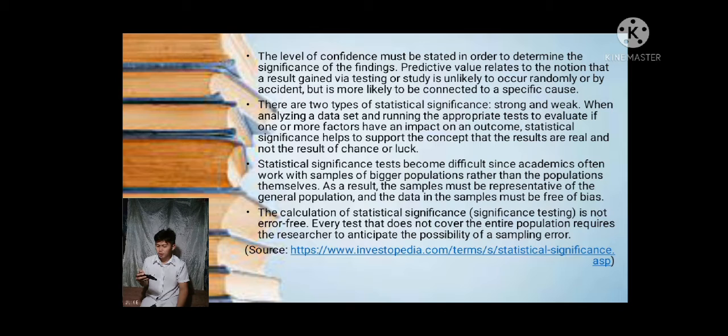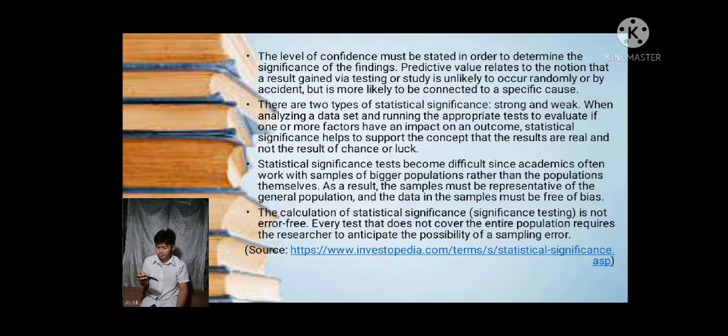There are two types of statistical significance, strong and weak. When analyzing a data set and running the appropriate test to evaluate if one or more factors have an impact on an outcome, statistical significance helps to support the concept that the results are not the result of chance or luck.